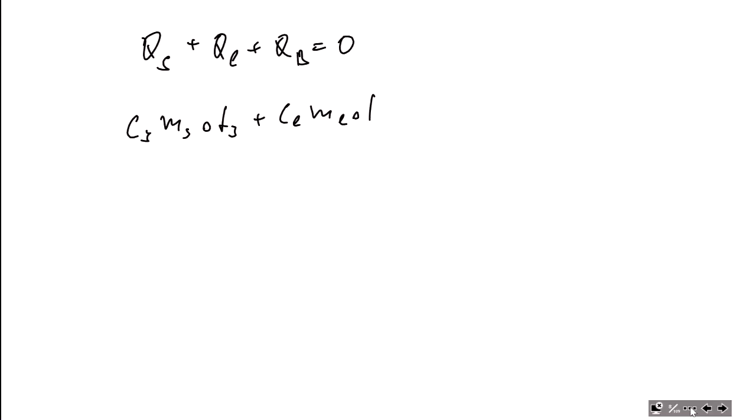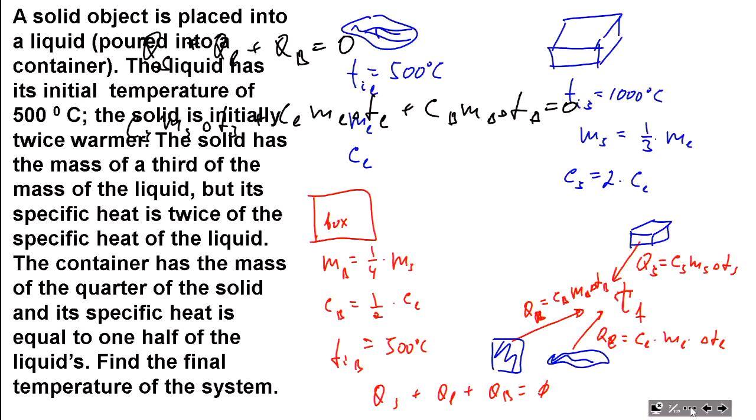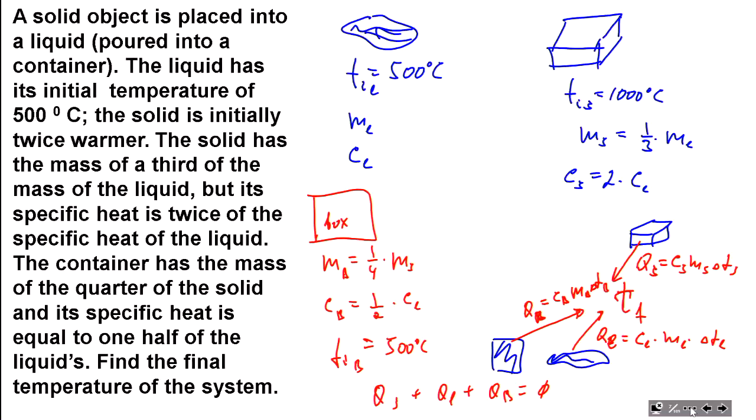So Qs plus QL plus QB equals 0, or Cs Ms delta Ts plus CL ML delta TL plus CB MB delta TB equals 0. All right, now we have to read our relationships.